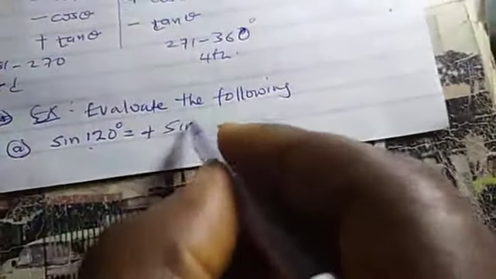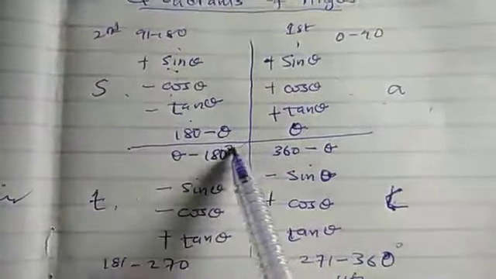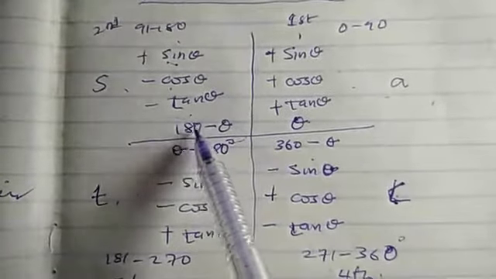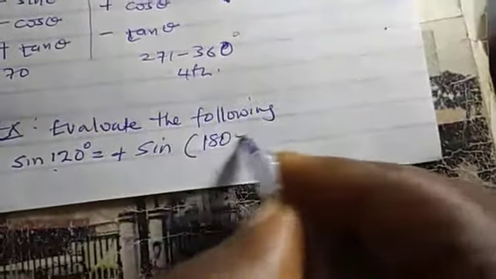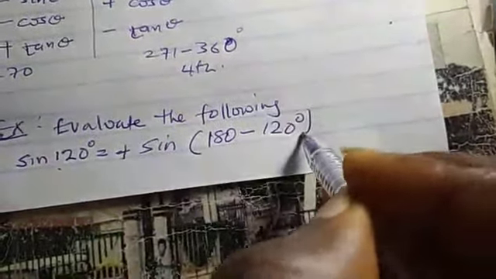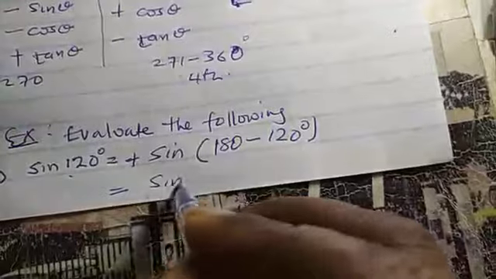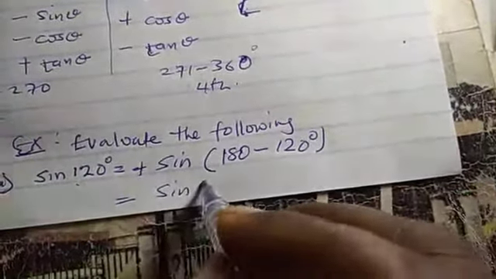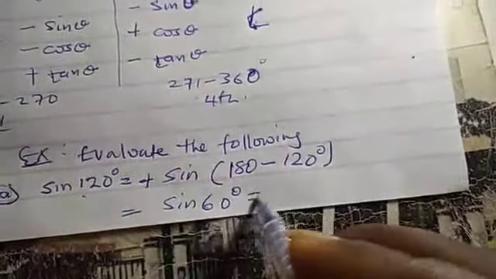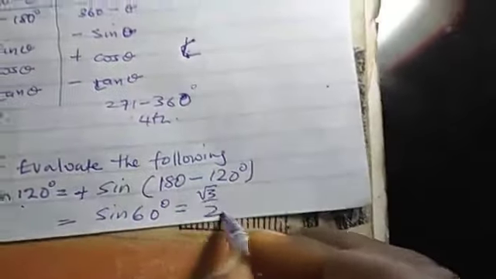Sine is positive, so you just say that your answer is plus sine. You open a bracket. You now consider what is here. What is here is 180 minus theta. Theta is the given angle. 180 minus the given angle. And that will be sine. 180 minus 120 is 60. But sine 60 from this place is root 3 over 2.